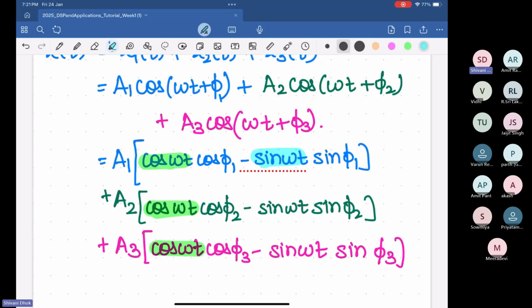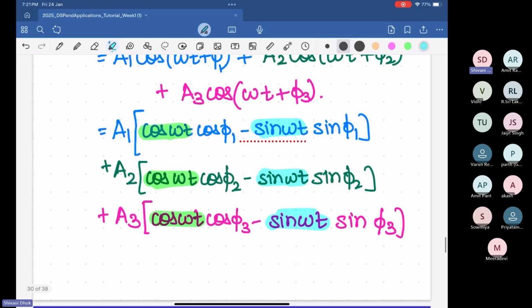So now if you observe here, this cos of omega t is common in these three terms. Similarly, the sin of omega t is common in these three terms. So now what we will do, we'll take the terms corresponding to cos of omega t common and those corresponding to sin of omega t as common.